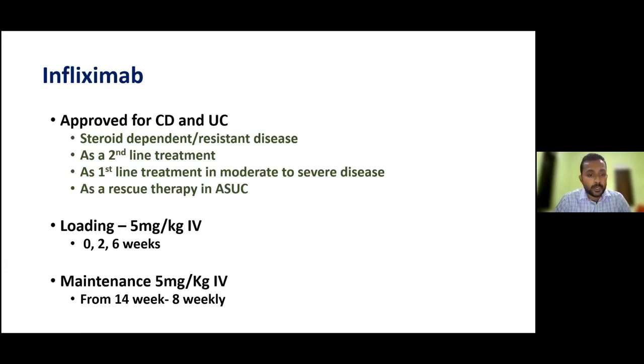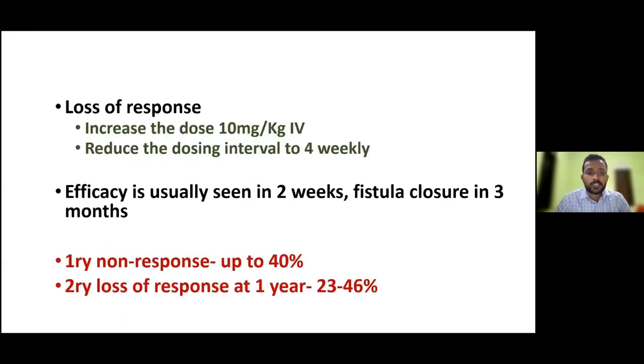We have to use loading doses and maintenance doses. The loading doses we give at weeks 0, 2 and 6, and from week 14 we give maintenance doses 8 weekly. If there's loss of response, we might have to either increase the dose or reduce the dosing interval. Infliximab has a very quick onset of action.